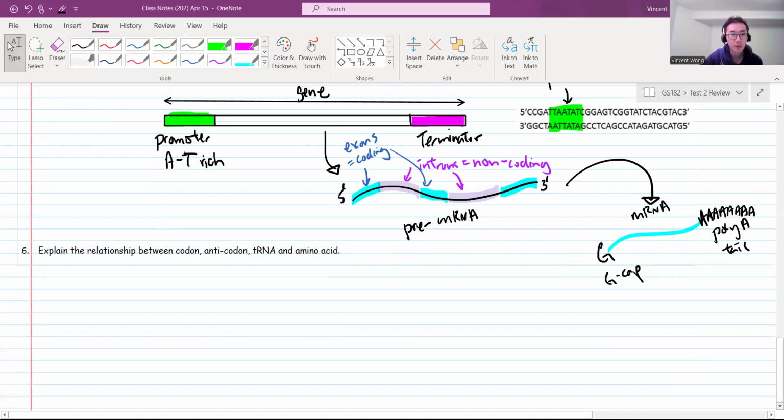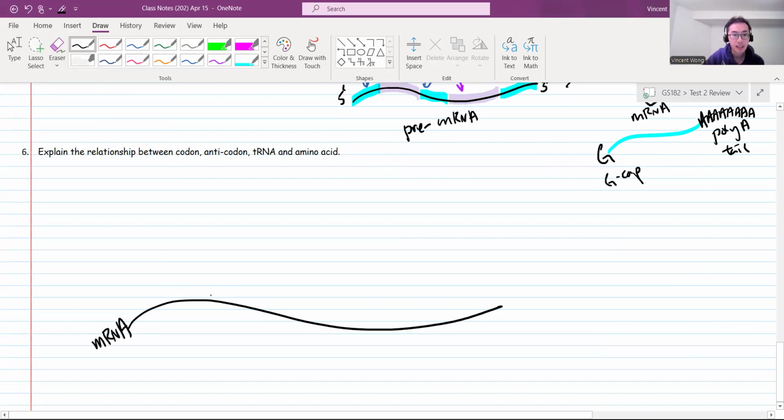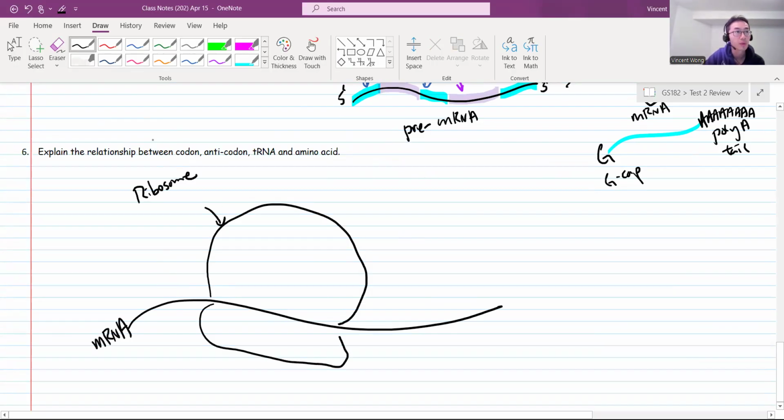Explain the relationship between codon, anti-codon, tRNA, and amino acid. Basically, this is the mRNA, and then you're going to have the ribosome. I'm not going to ask you to explain this on the test, but you have to know the relationship in order to answer the questions.